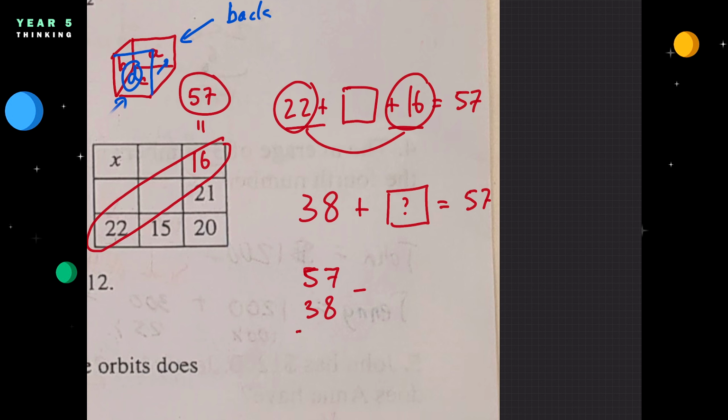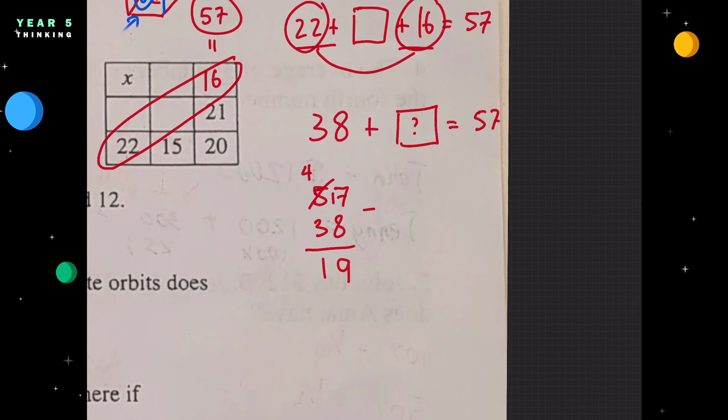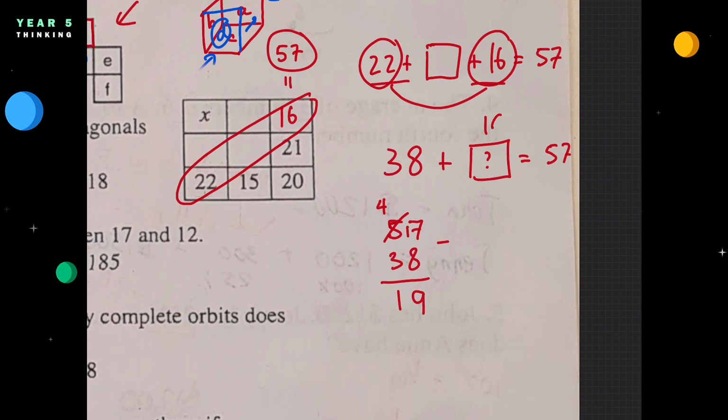We find a difference, right? 7 minus 8 we cannot do, so we borrow from the 5. It turns into a 4, and this becomes a 17. 17 minus 8 gives you 9. And then 4 minus 3 gives you 1. So this number must be 19. That's the missing number here. So this is 16 and this is 19.